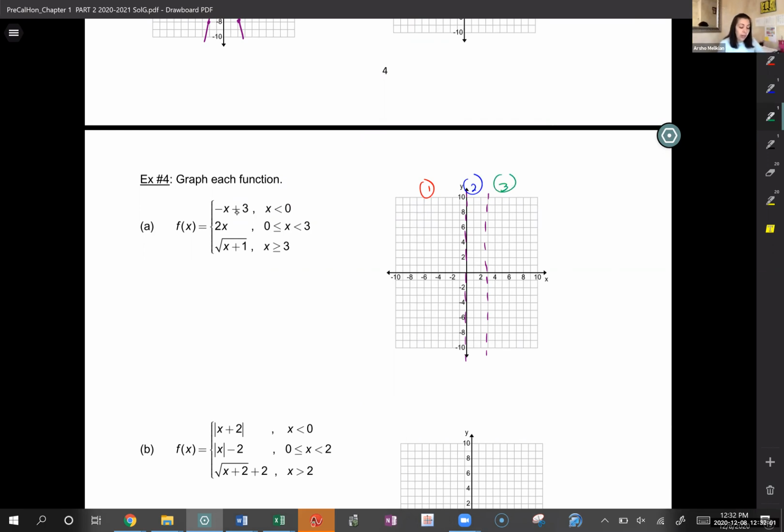So now I want to graph every single equation in its own domain. Okay, so for equation number 1, that's this one. Which partition does that one touch? X equals 0, right? So the first thing you want to do is plug in that endpoint 0.